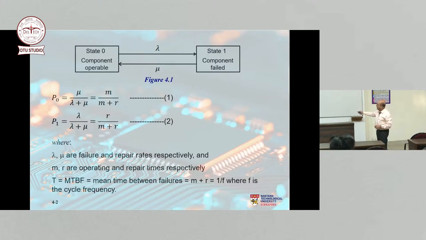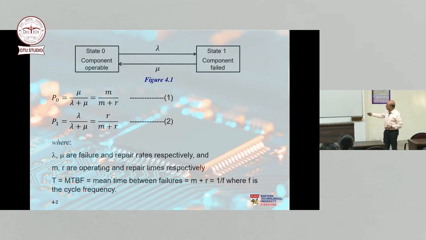So m and r are operating times and repair times respectively, and lambda and mu are failure rates and repair rates respectively. Now you may remember that m is the mean time to failure. I mentioned earlier, small m is used to denote the mean time to failure, MTTF, and this r, small r, is called mean time to repair, MTTR.